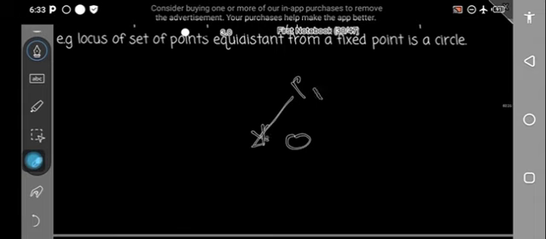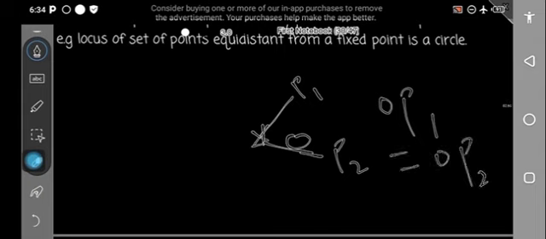And let's draw another one. Let's call it P2, such that we know that OP1 is equal to OP2, according to the definition that you want to draw points that are equidistant from this fixed point O. Let's have another point here.